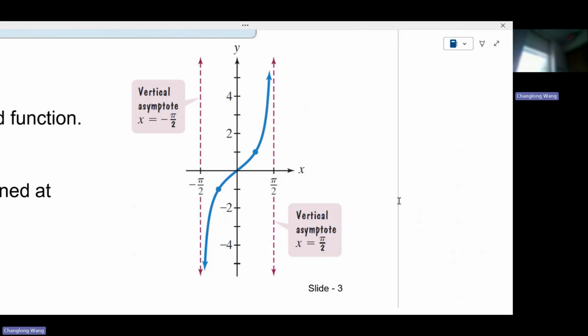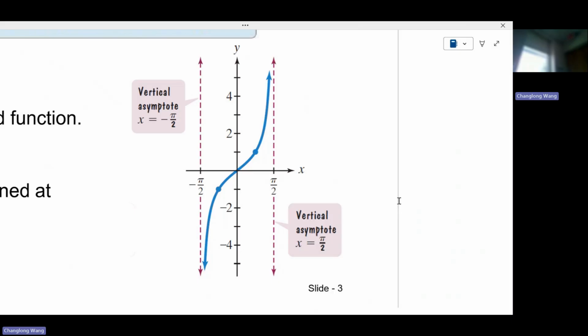First off, this graph is not the full version of the tangent. You have this graph, copy and paste it, that extends to positive and negative infinity. But you notice right away there are 2 VA, or vertical asymptotes: one at negative pi over 2, the other at pi over 2.